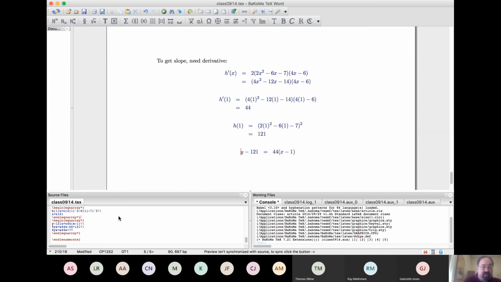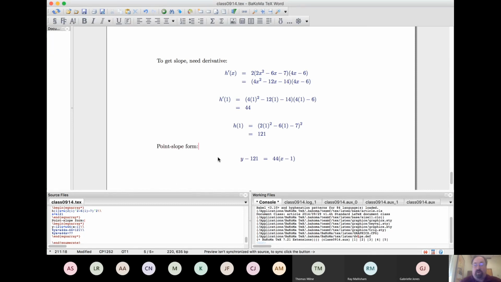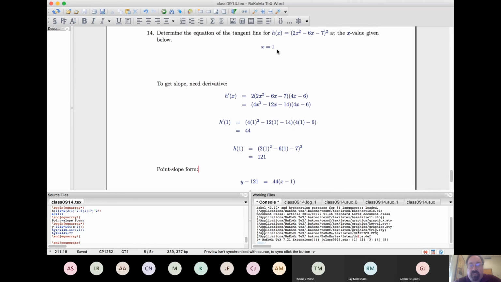So this is point slope form. That's easier to work with. So y minus the y value, so here the function value goes here, is equal to the slope, which we use a derivative for, times x minus the given x value. Now x is given to be 1.